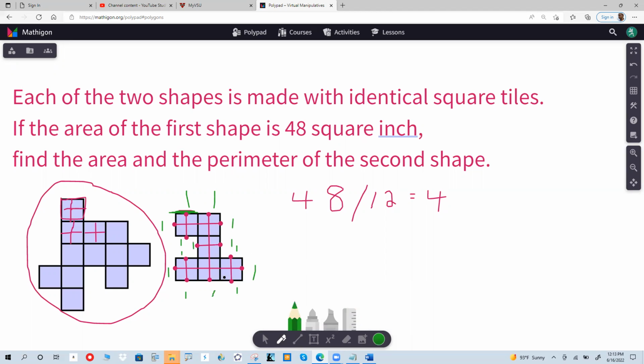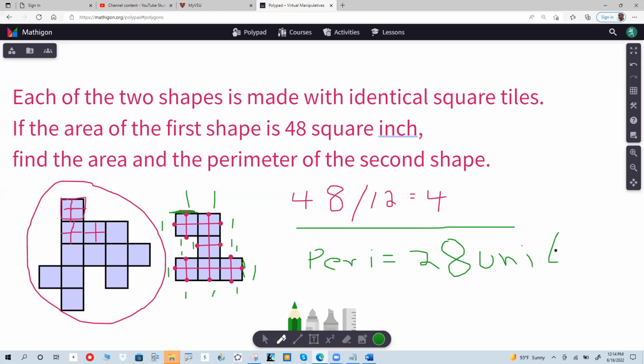There are 14 edges. I'm going to count it once again. 14, but the answer is not 14, guys. Each edge has 2 unit squares. So the perimeter is 28. And units, no unit square.